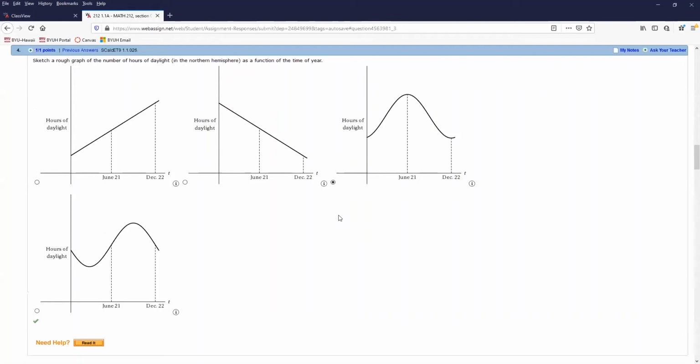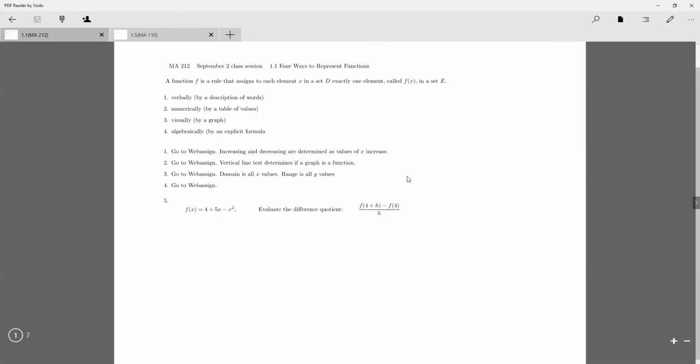So that's WebAssign for you right there. Now, typically, what's going to happen in class is I'm not going to be in this one, but rather I'm going to be in this document.